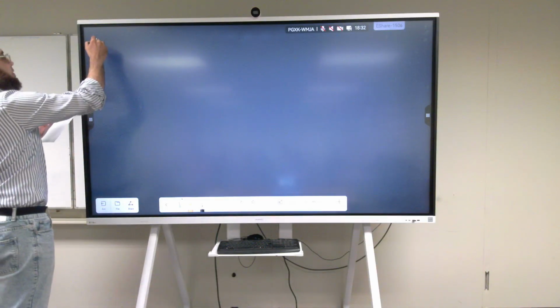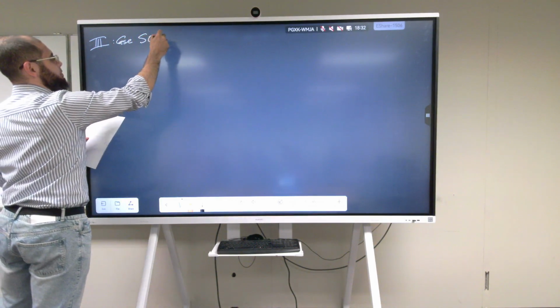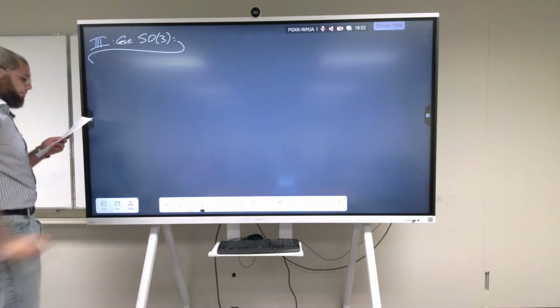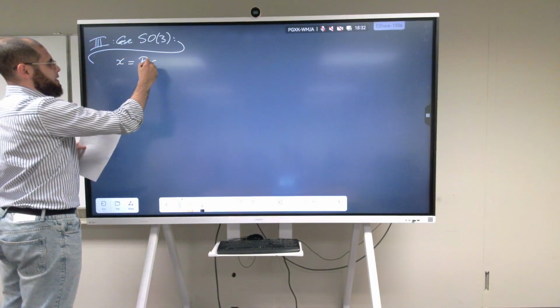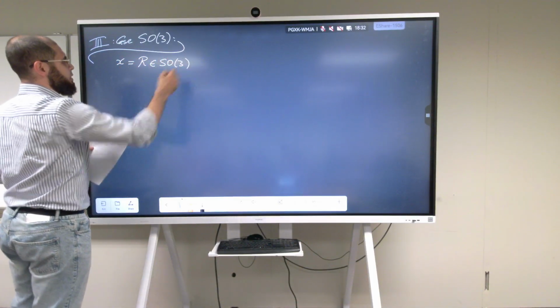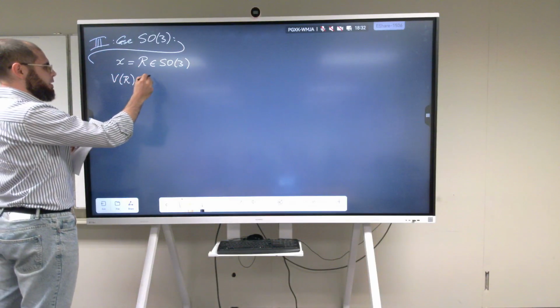Now let's look at the last example, the case of SO3. What if I have the state to be a rotation matrix that lives in SO3? And I have a function of R that's given by the following expression.